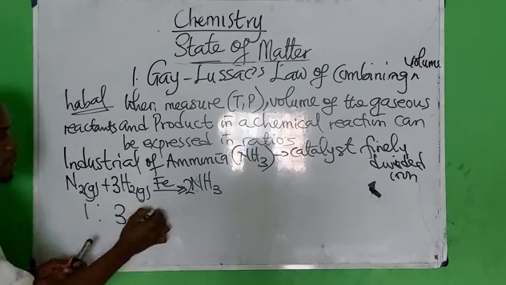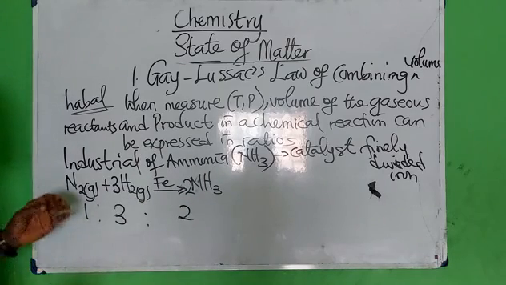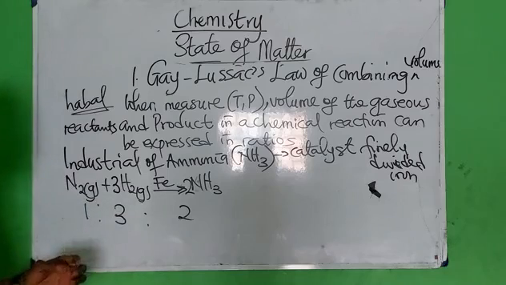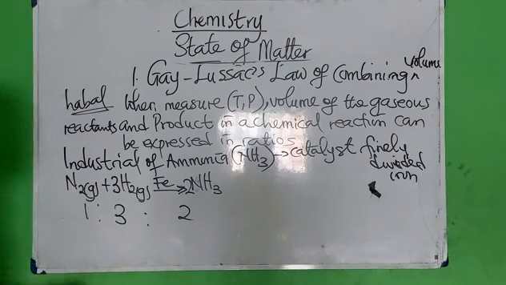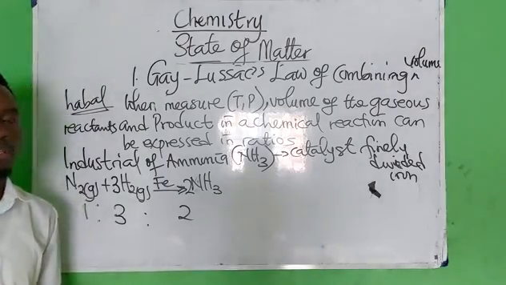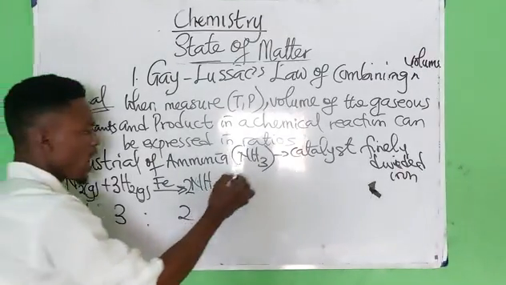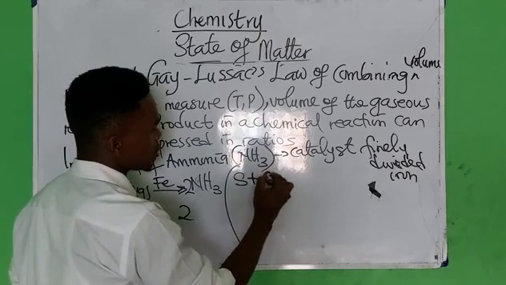Then, how many moles do we have here? 2. So it means that in the Haber process, during the industrial preparation of ammonia, we have ratio 1 to ratio 3 to ratio 2. And this confirms Gay-Lussac's law. Another instance is the reaction between sulfur and oxygen.